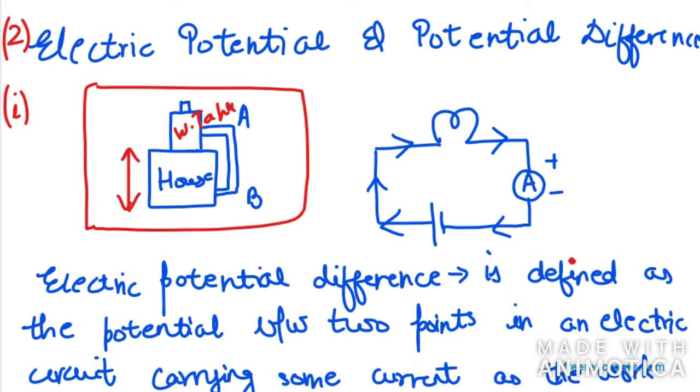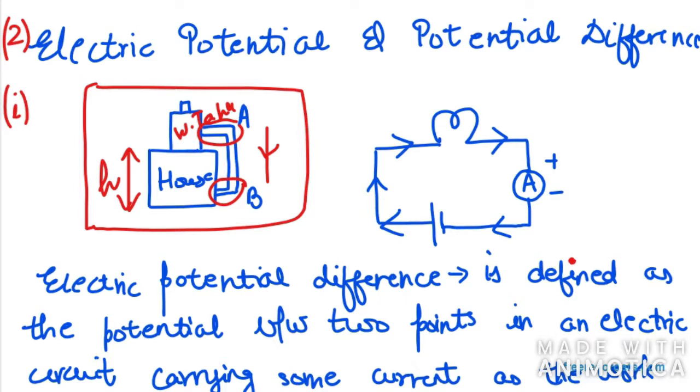Why it is kept at some height is because there should be some pressure difference at point A and point B. If there won't be any pressure difference between points A and B, then there won't be supply of water through this horizontal tube. So therefore it is very important to keep water tanks at some height.